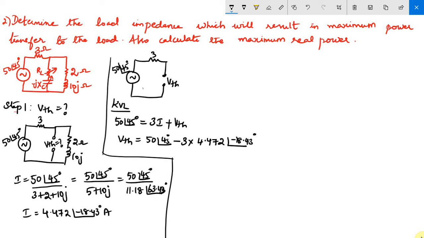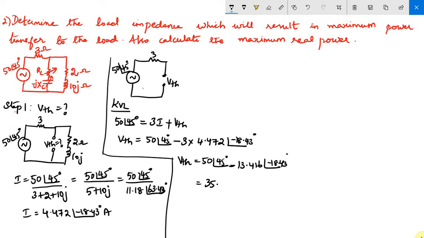Now we need to simplify it. So VTH is equal to 50 angle 45 degree minus 3 into 4.472, so minus of 13.416 angle minus 18.43 degree, which is equal to 35.